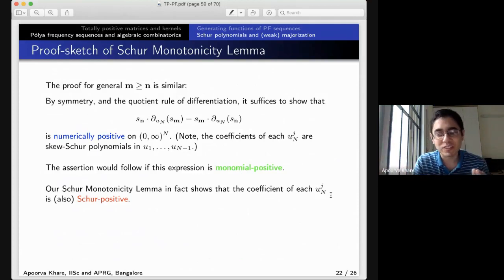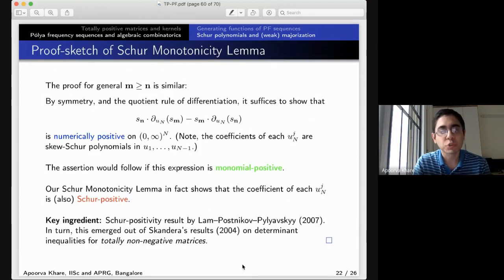Why is it true? Because the big hammer we use is a Schur positivity result by Thomas Lam, Alex Postnikov, and Pasha Pylyavskyy, in the American Journal in 2007. And that's a very general result which is used to prove apparently conjectures of Kunkov and other people. But anyway, this does imply our monotonicity lemma as well, or the Schur positivity of the coefficients here.